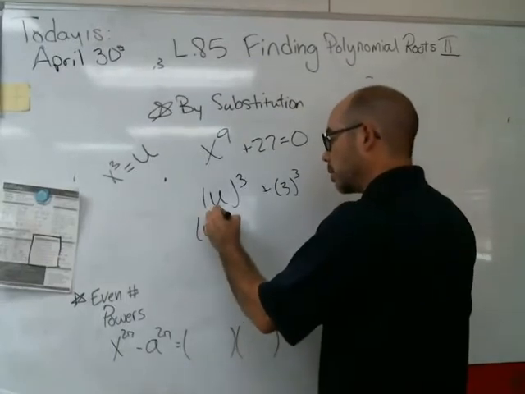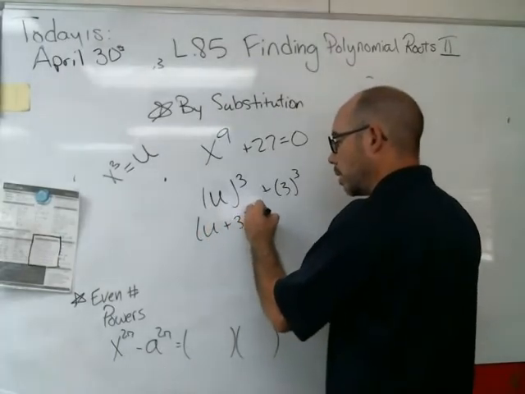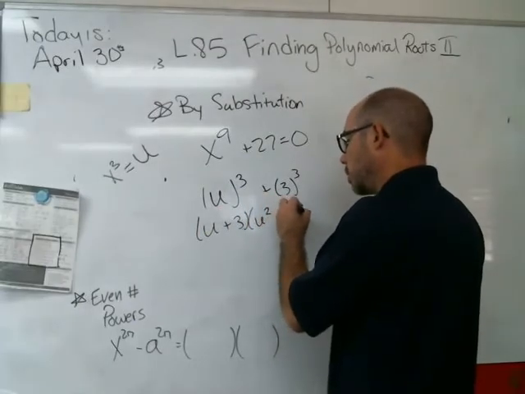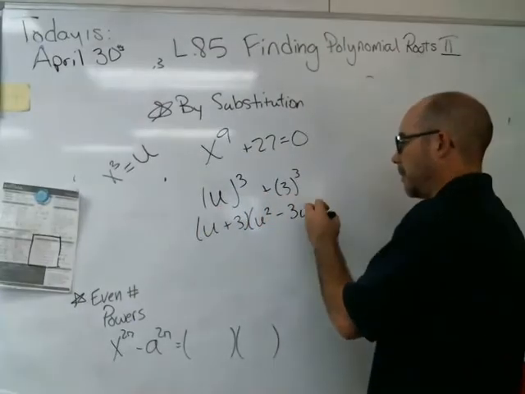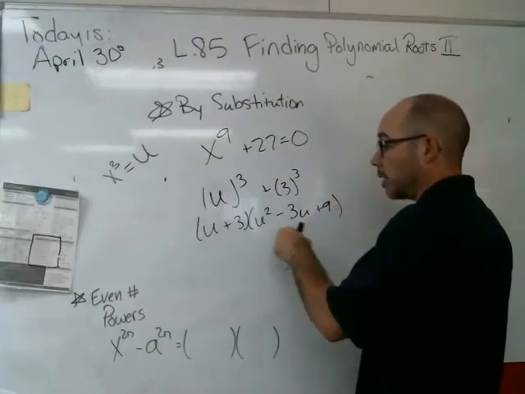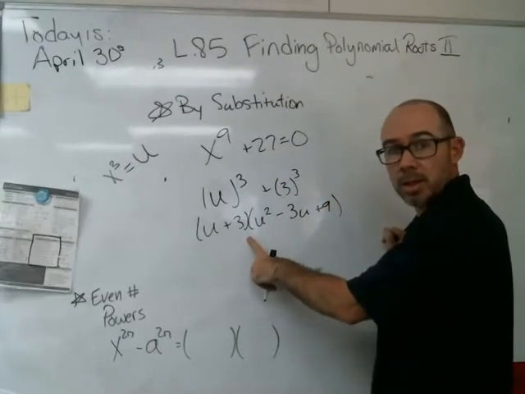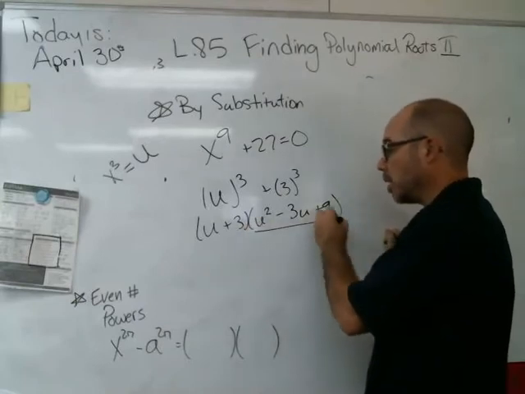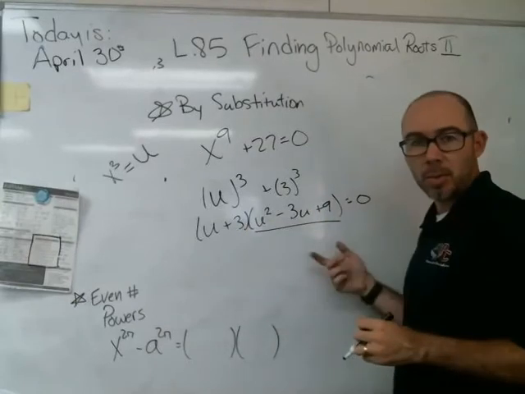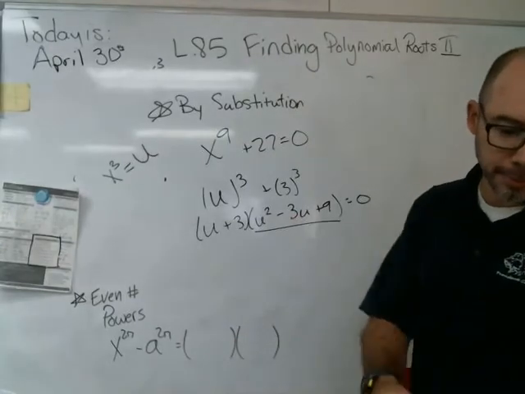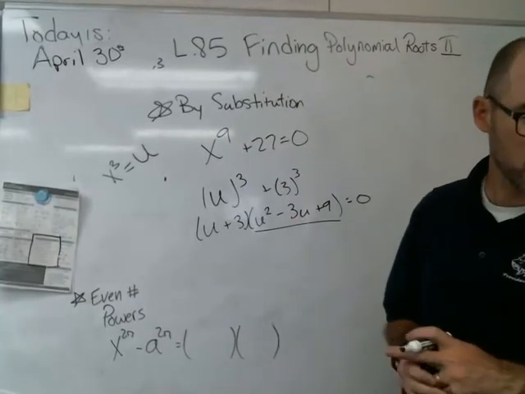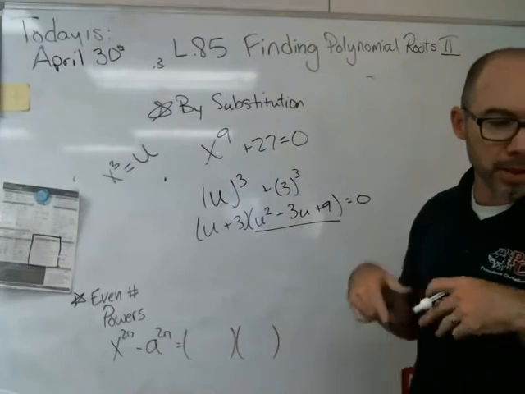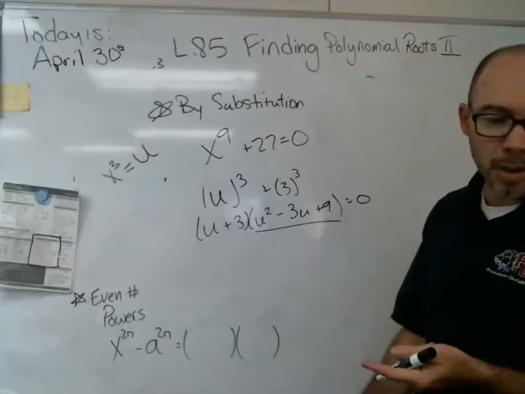So this factors to u plus 3, and then u squared minus 3u plus 9. Now, this looks like a regular quadratic, not crazy quadratic, right? So we could do this as a normal quadratic equation. We can see if we can solve it, or we can plug stuff back in at this point.